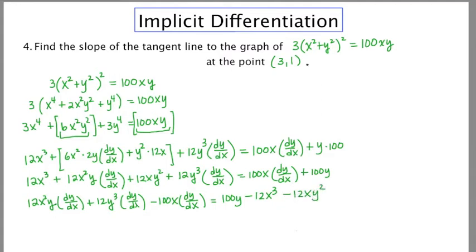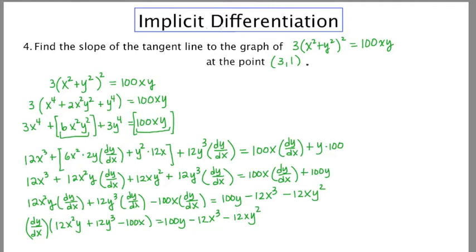Now we were having our dy/dx party. Now I'm going to factor out the dy/dx. And we're left with 12x squared y plus 12y cubed minus 100x equals 100y minus 12x cubed minus 12xy squared. And then we'll do the division.